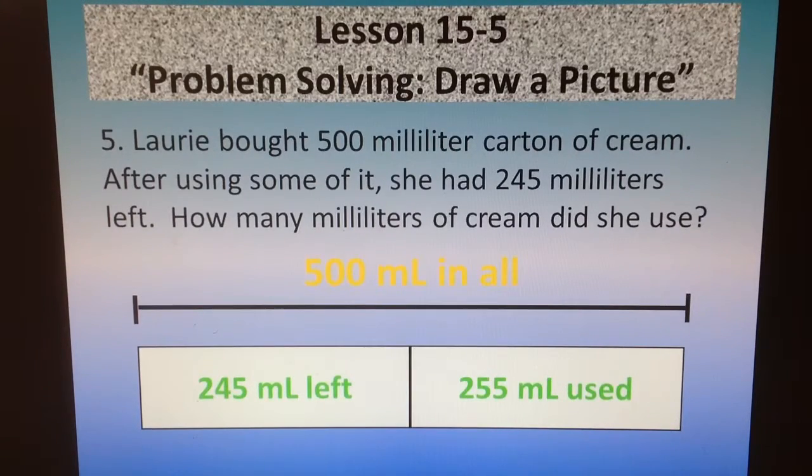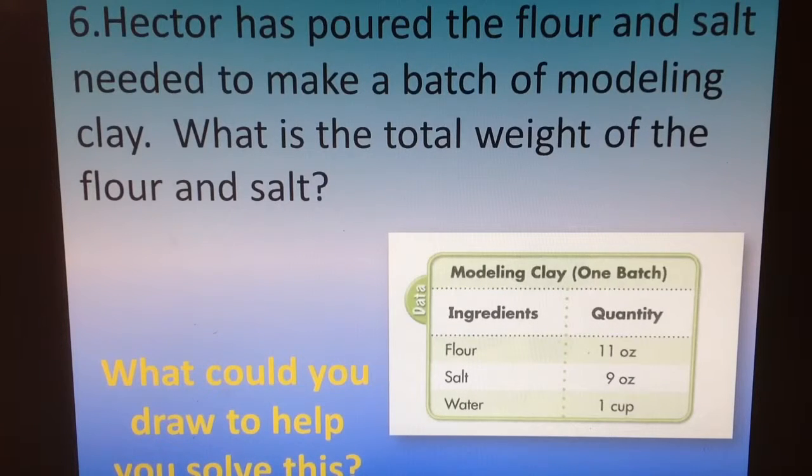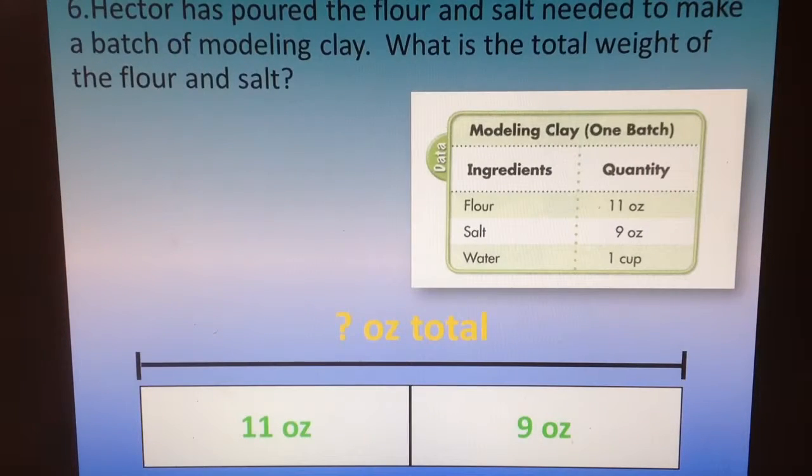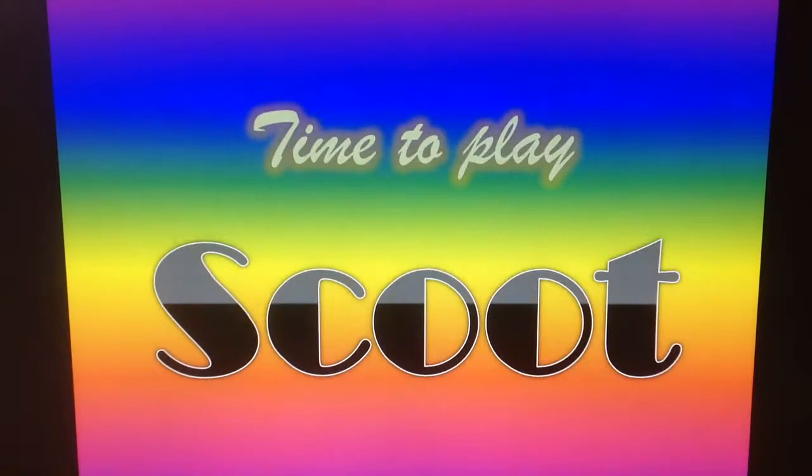There's your answer. Here's one more problem we did. And there's your answer. That was it for today.